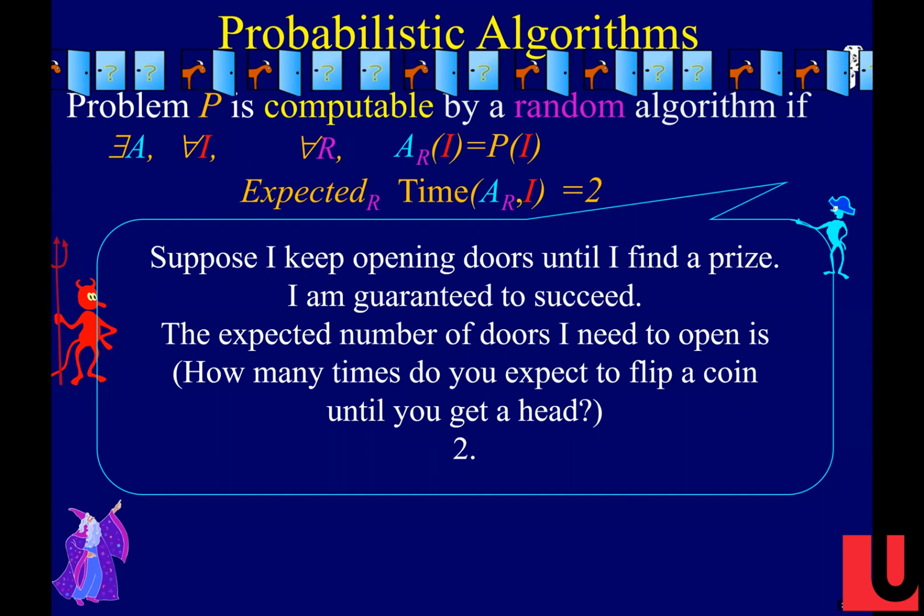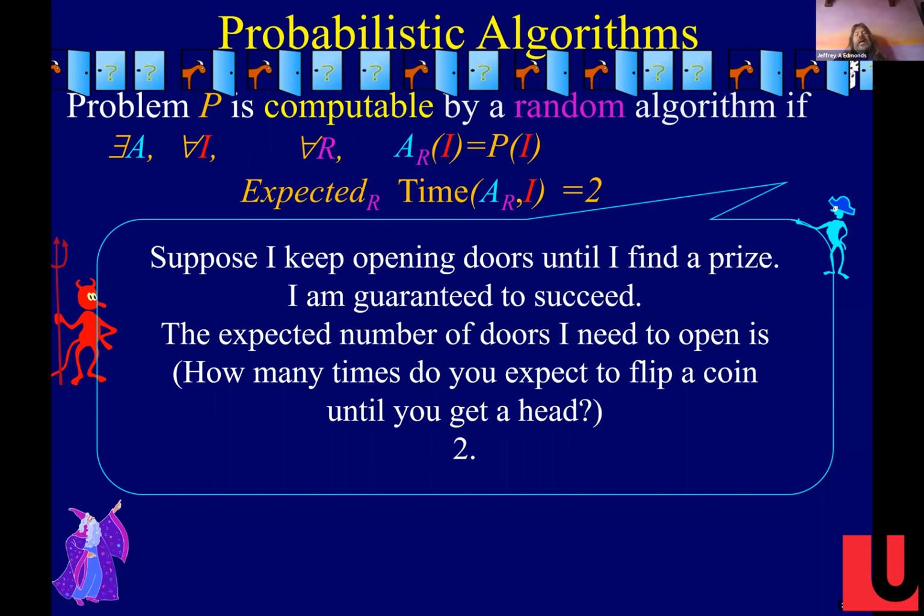Hi, Professor. What is the output of this A sub R of I? Oh, the output of this program is: did I find a prize or not? Right. So the problem P is, I don't care what the input is, what we want to do is find a prize.